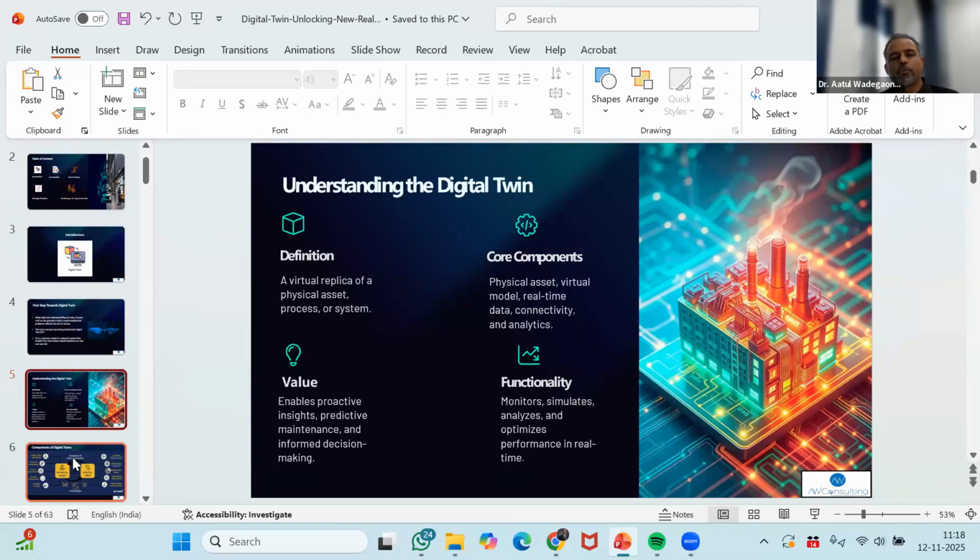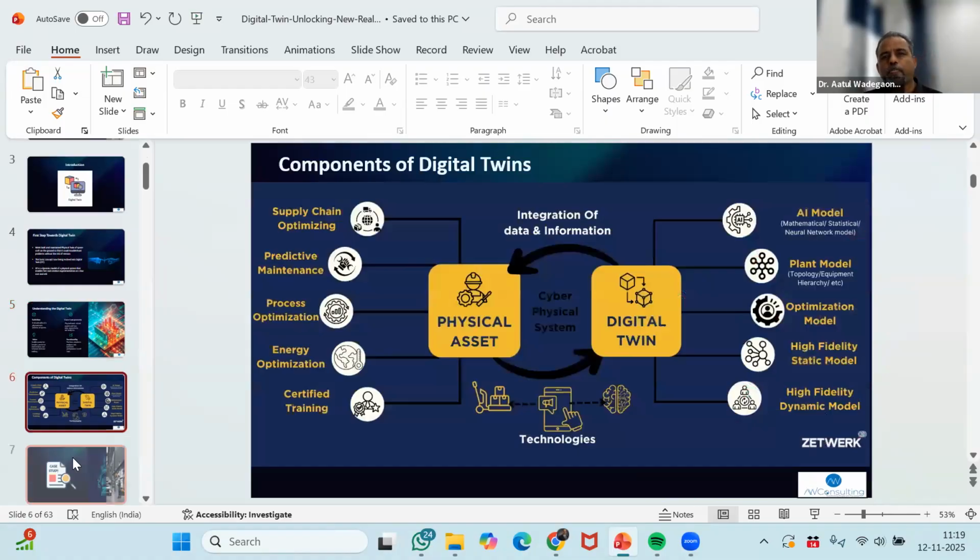We can go for a predictive maintenance philosophy. And based on this, we can make well-informed decisions. The functionality it carries is for monitoring, simulation, analysis, optimization, and evaluating performance in real time. That is the strength of this.